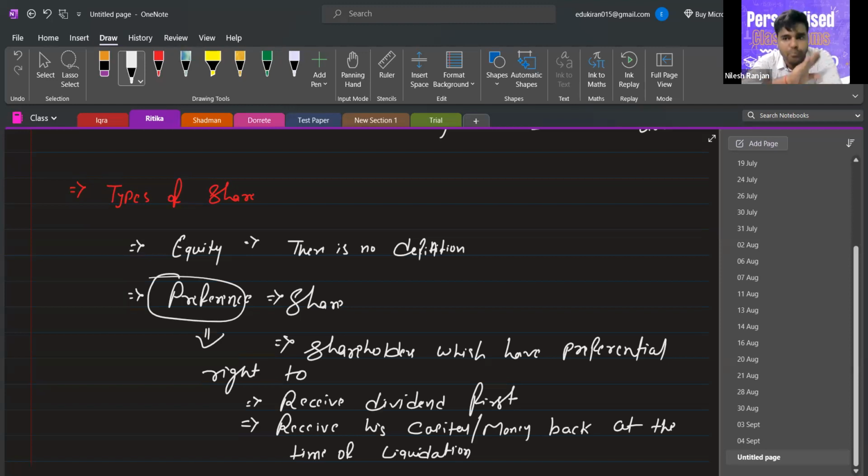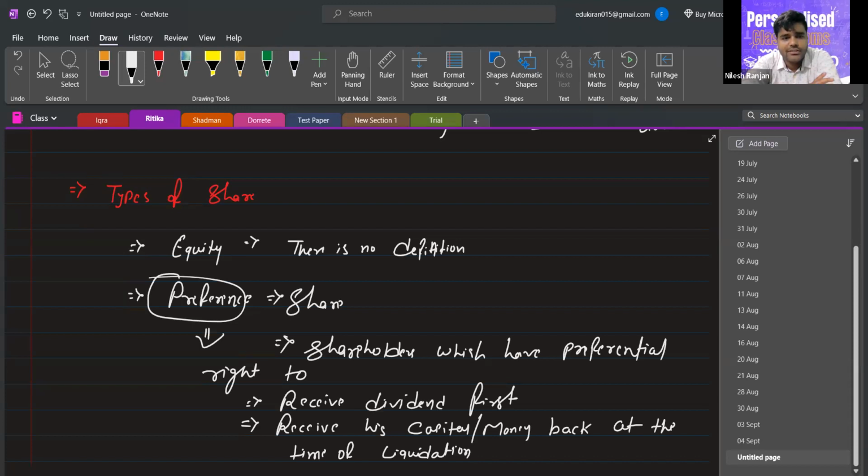Equity share, preference share, or both? Is it equity shareholders? Yes, sir. Why do you think so? Because it's also known as owner's share.